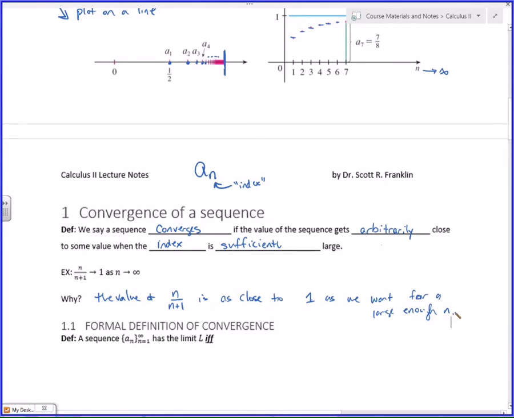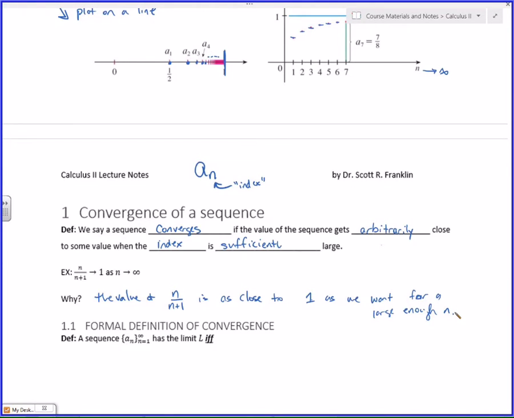So for example, let's say I tell you that I want you to be within 0.0001 of 1. I give you a number and I say, get that close. Can we get that close? And the answer is yes. We just got to take n large enough. Just keep going until n gets big enough. Once you're past a certain point, all of the sequence will be within that range. And if I want to get even closer, I can do it.